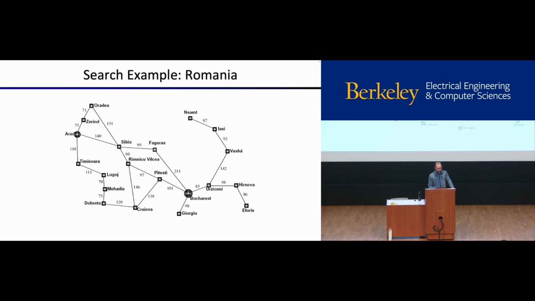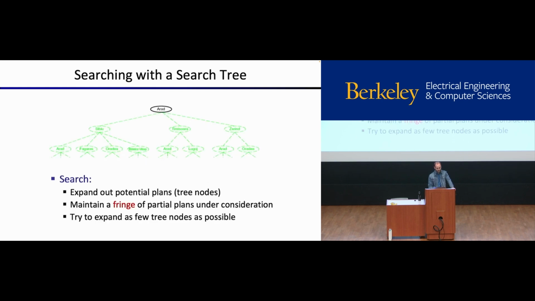Okay, now let's actually get to solving search problems. Here's our example again, starting in Arad, going to Bucharest. Here's the plan. We use a search tree, but we don't write it down because we can't write it down. So we progressively write down more and more of it. We expand out potential plans, that is the nodes of the tree that we have written down so far, and we maintain a fringe of partial plans under consideration.